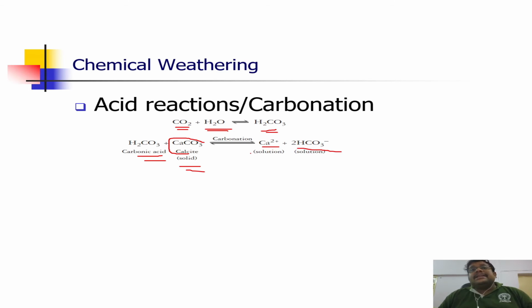So you can see again the chemical weathering process is mediated through acids like carbonic acid, and there is a carbonation process where this calcite is involved.